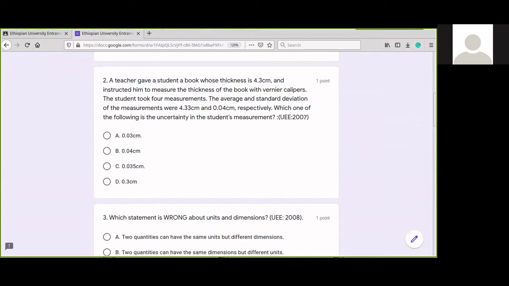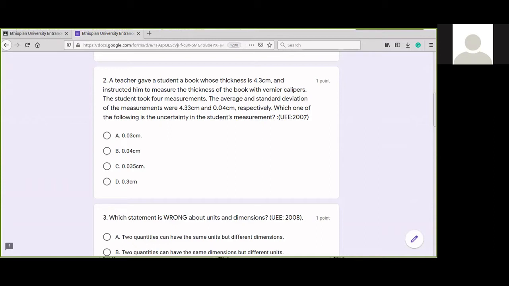Yes. Okay, 0.04. What about the average value that is given? The teacher gives the student a book with thickness 4.3 and the student measures 4.33.